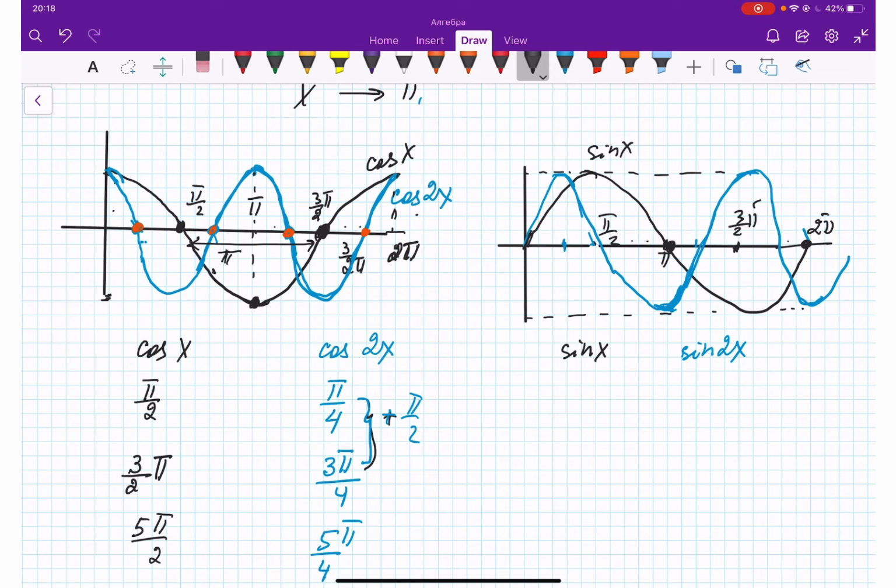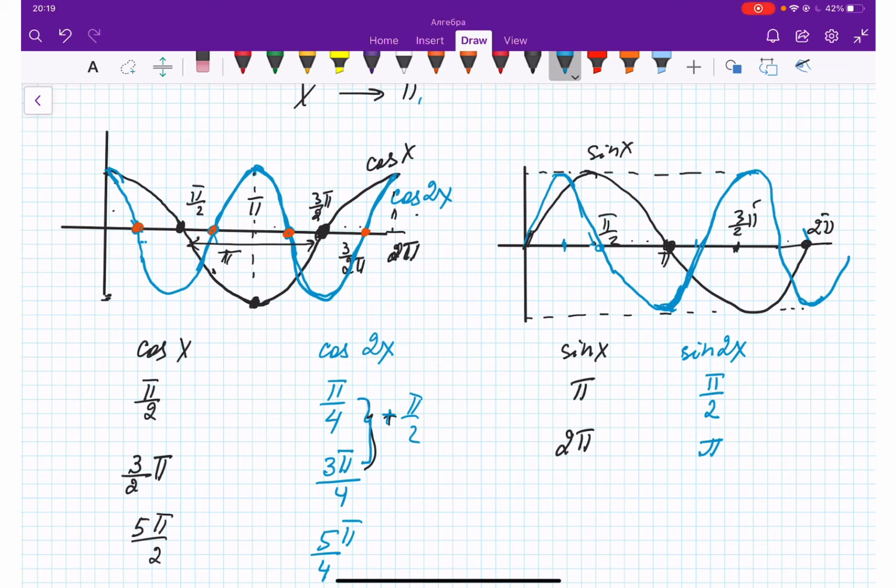Okay? So, which means if for sine x, critical point, it's going to be 1 pi. Then for sine 2x, it's going to be twice as less, right? It's going to be pi over 2. And then for 2 pi, sine 2x is going to be divided by 2. It's going to be 1 pi, right?